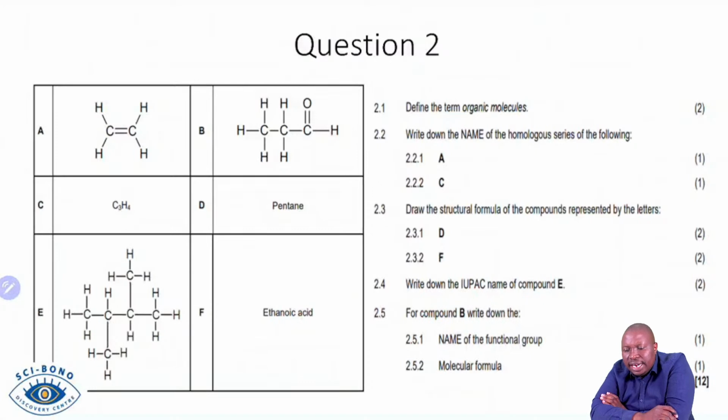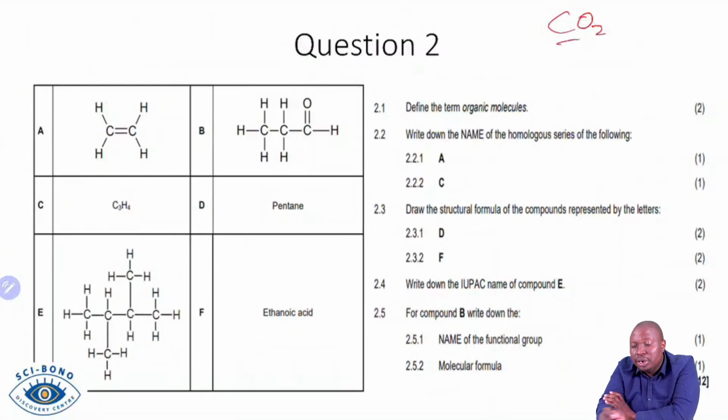You can look here at question 2.1. They're saying define the term organic molecules. And we've indicated when we started this lesson that organic molecules are the molecules that contain carbon atoms. They must have carbon atoms. There are exceptions like carbon dioxide. Carbon dioxide is not an organic molecule, but it contains carbon. It doesn't mean that because you have a carbon, now you qualify to be an organic molecule.